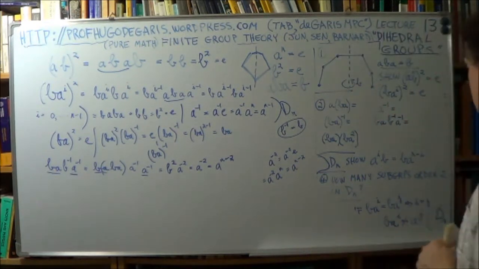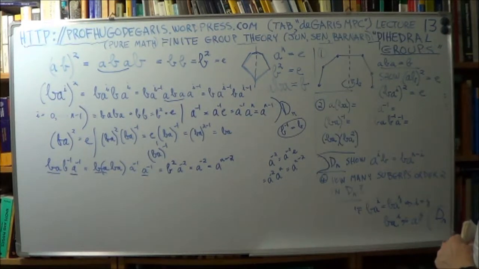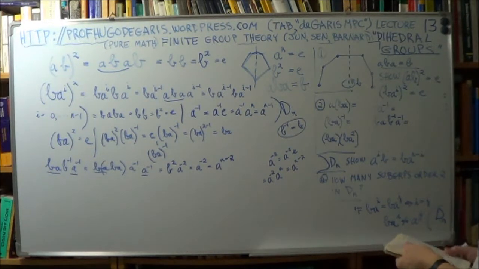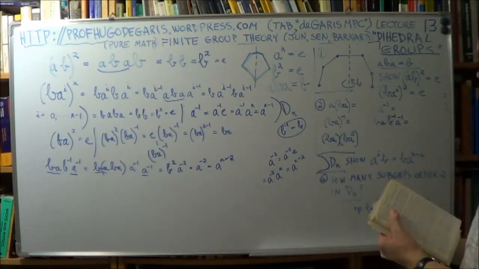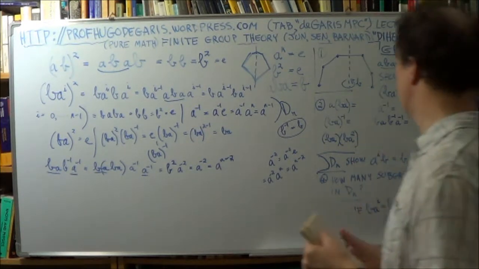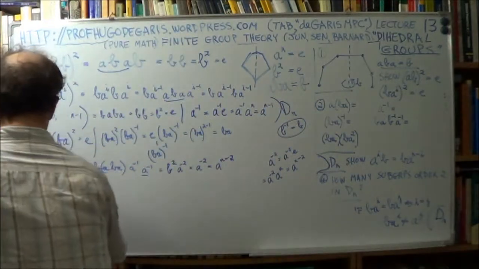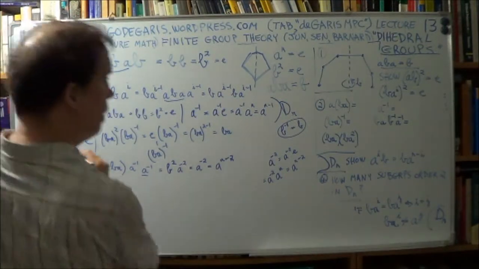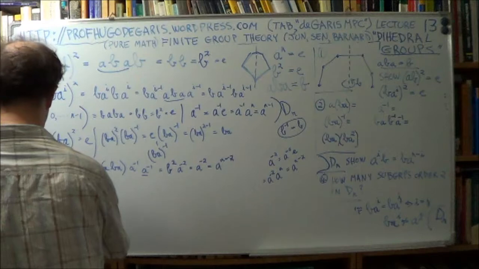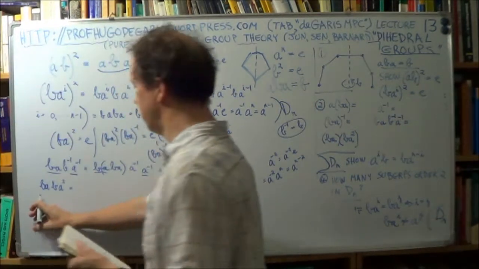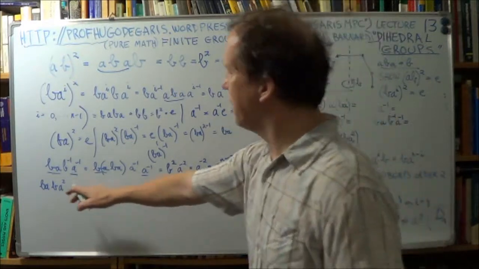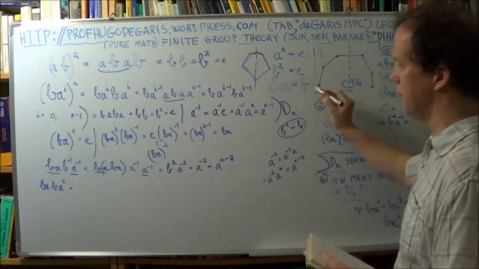Alright. This one. BA times BA squared. Now again, you've got this mixture of ABA, so let's use this somehow.